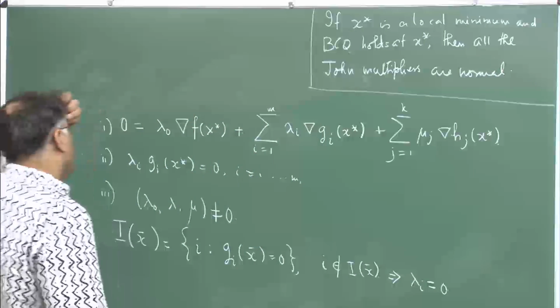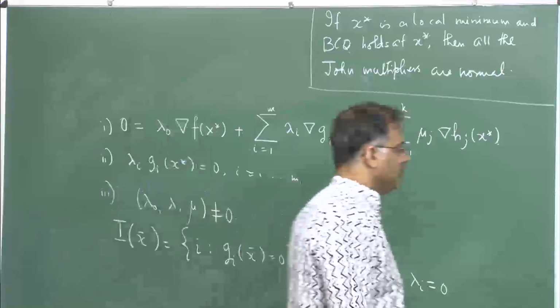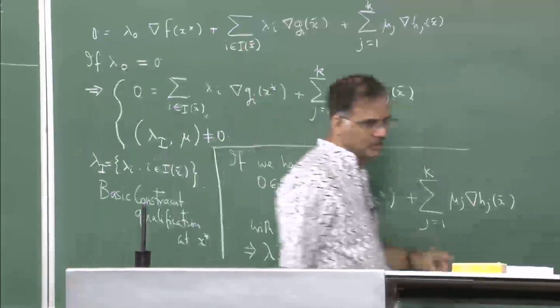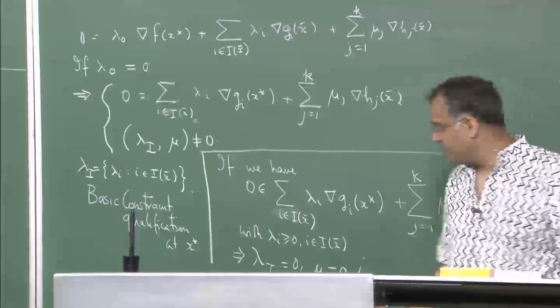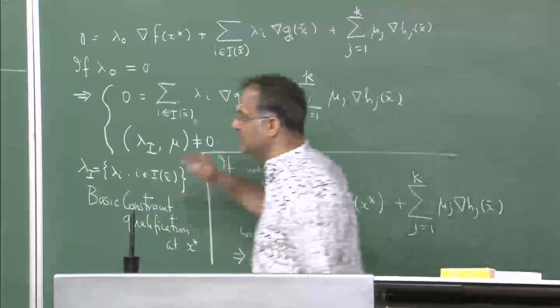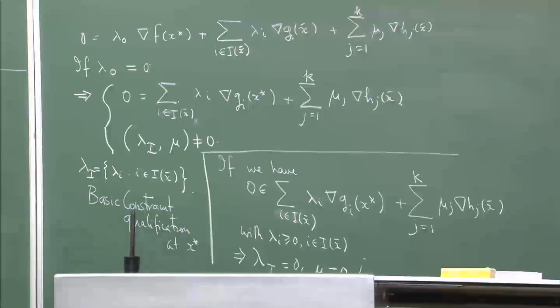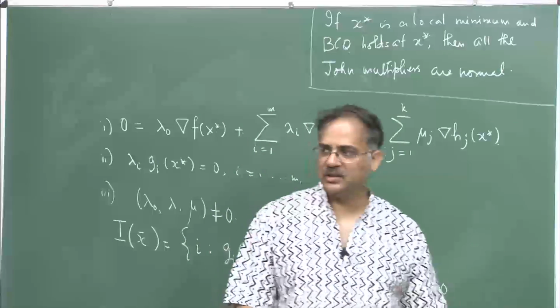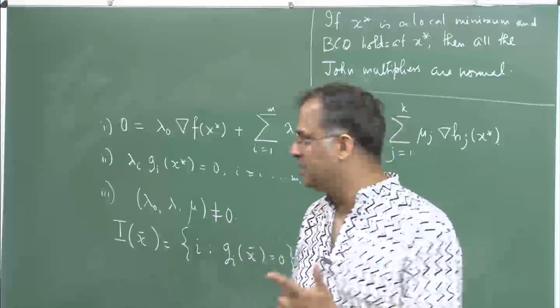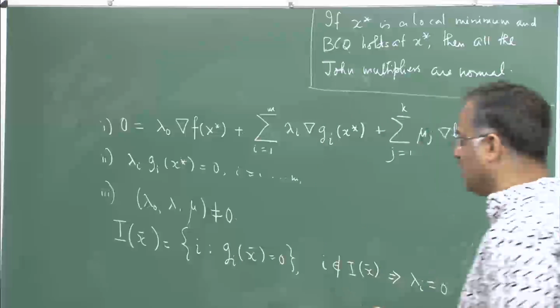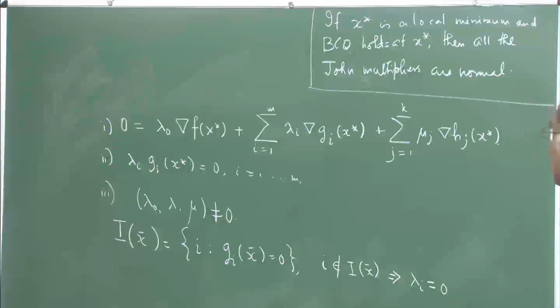So, if BCQ fails, that is lambda and mu is not equal to 0, but still we get this sum of these vectors equal to 0, then it means that there would exist at least one abnormal multiplier.